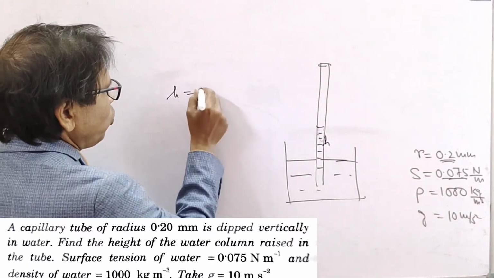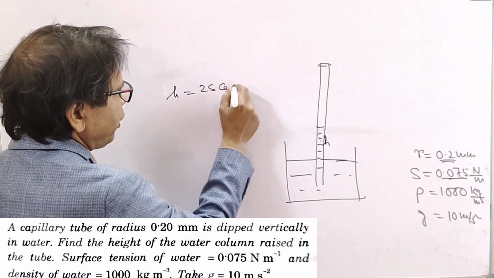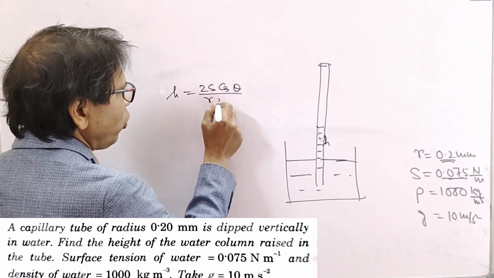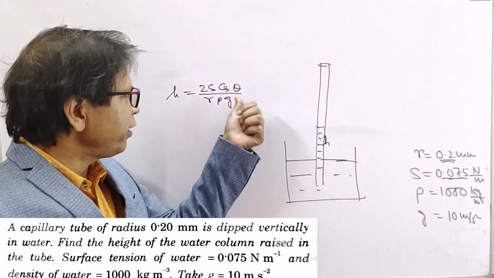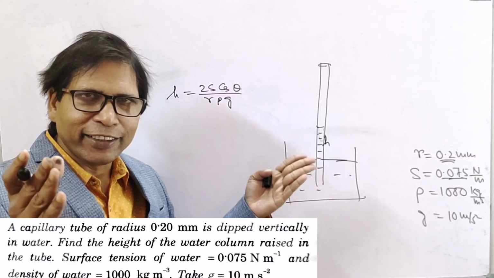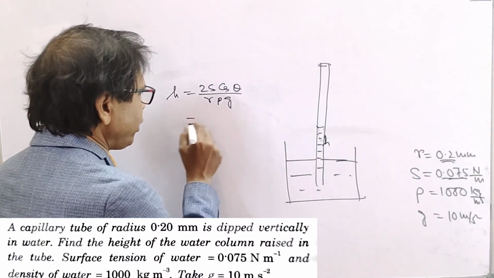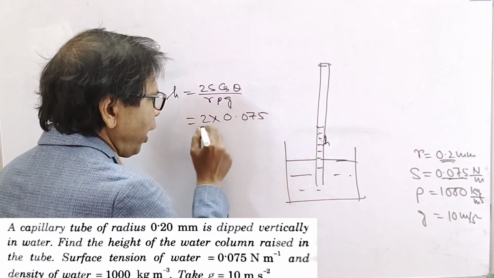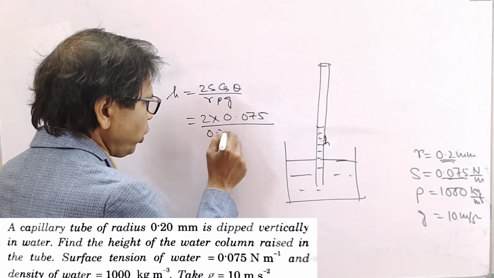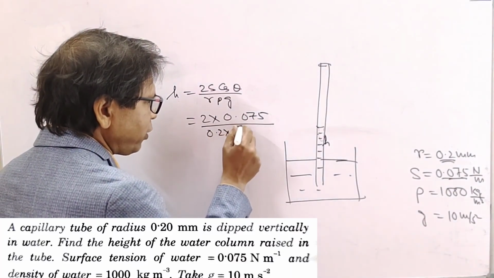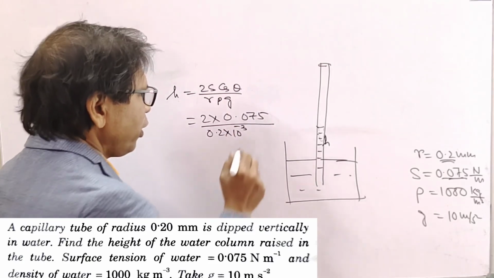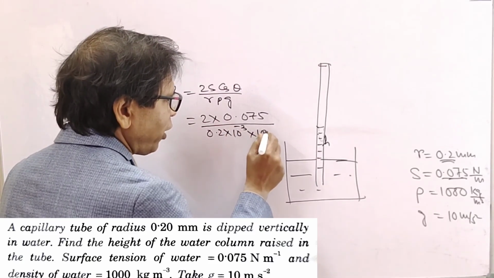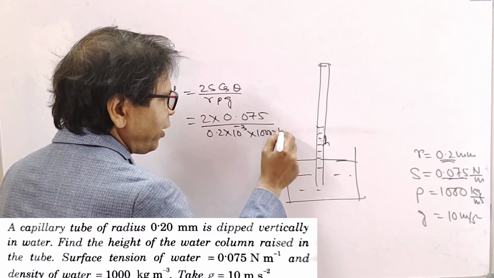Now h is equal to 2S cos theta divided by r rho g. Now theta is taken as 0. So this is 2, S is 0.075, r is 0.2 into 10 to the power minus 3 meter, rho is 1000, and g is 10.